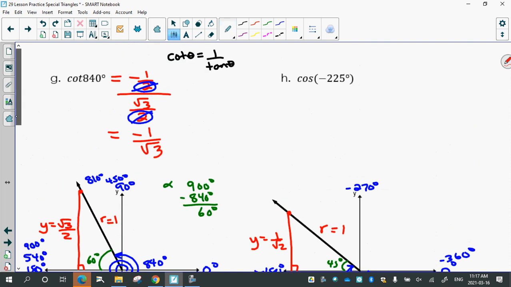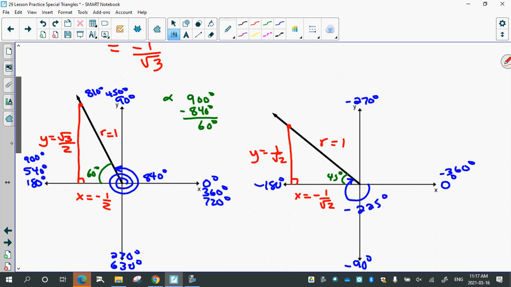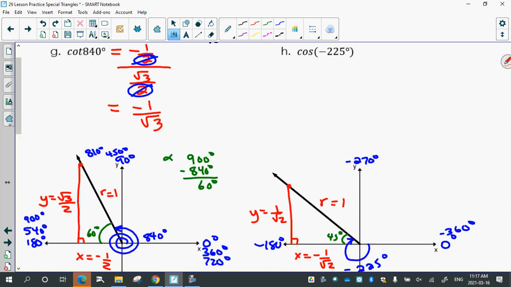And we want the cosine of it, so that's the x value divided by the r value. So that's, nope, it's -1/2 over 1. Divided by 1 doesn't change it, so it's just -1/2.